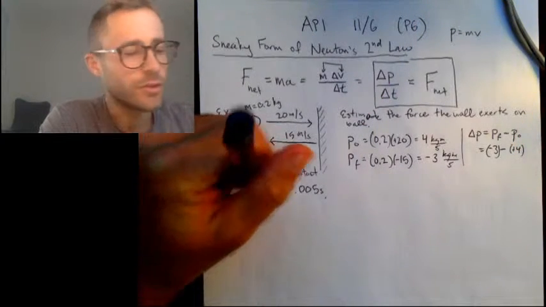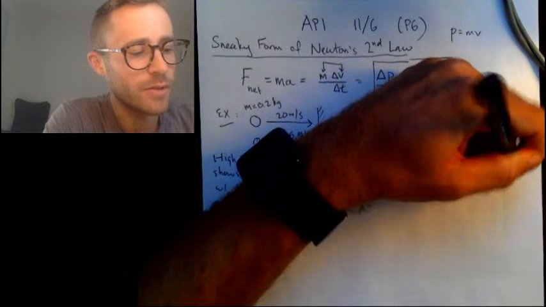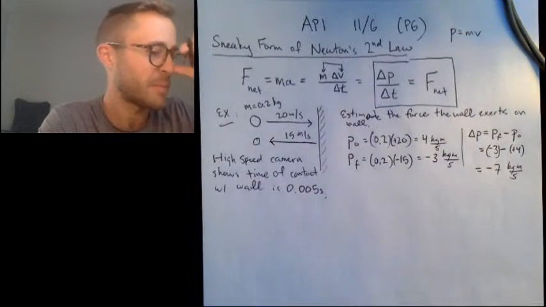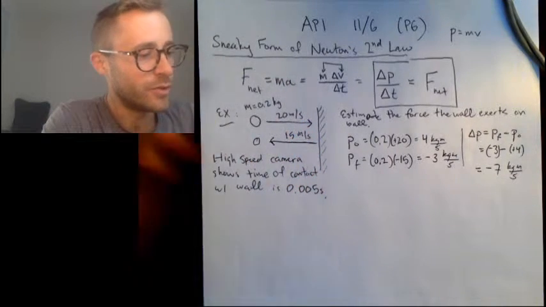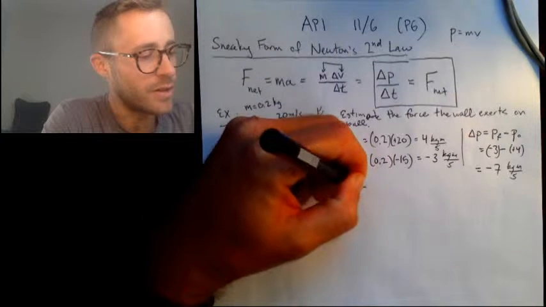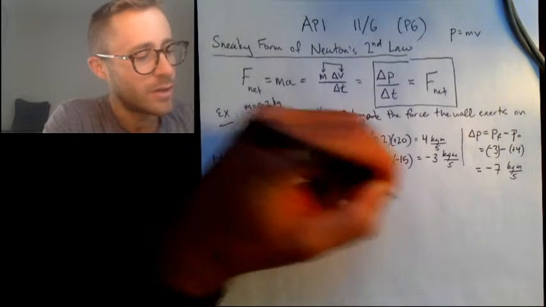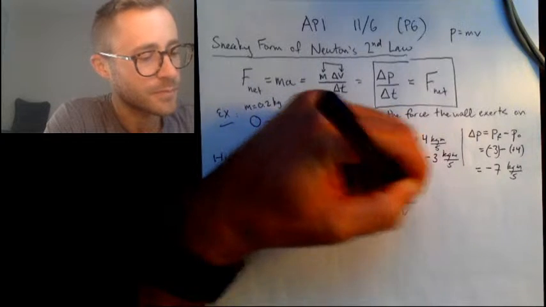Okay? So that gives us a change in momentum of negative 7 kilogram meters per second. All right? So now we go to the sneaky form of Newton's second law, which says that net force is the rate of change of momentum.